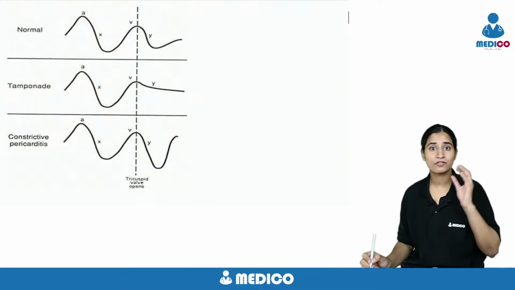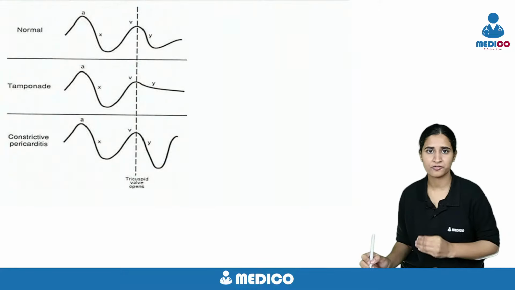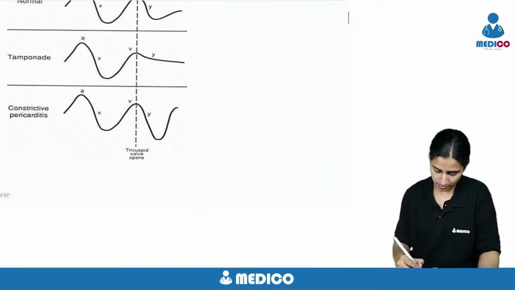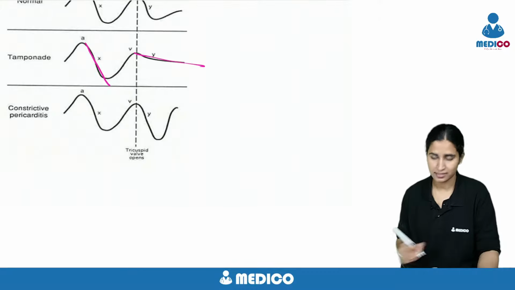Next, how are the waves in cardiac tamponade and constrictive pericarditis? I told you it's important, right? In cardiac tamponade, we already discussed there is a prominent X descent, but the Y descent is absent.